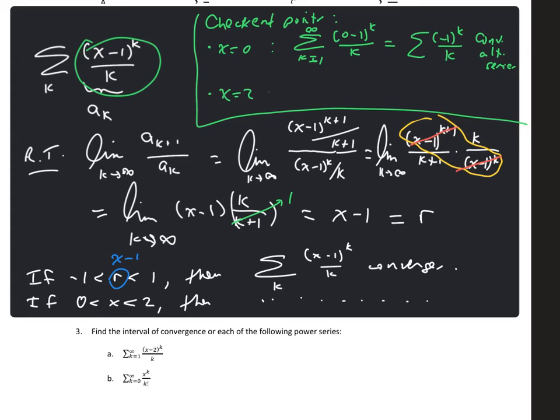The other endpoint was x equals 2. Remember, this was my range down here, 0 to 2. So when x equals 2, I have the series (2 minus 1) to the k over k. And so that looks like that. That's our friend, the harmonic series.